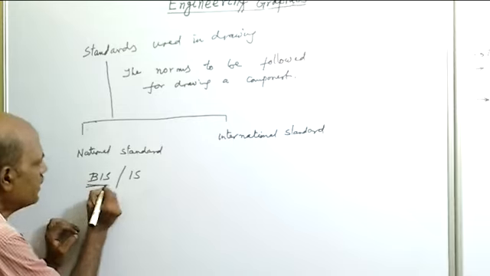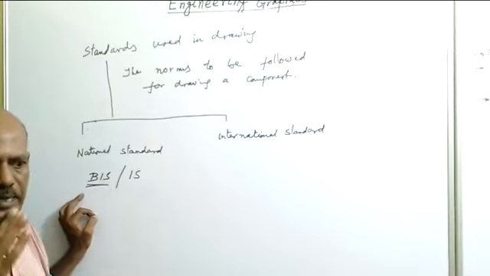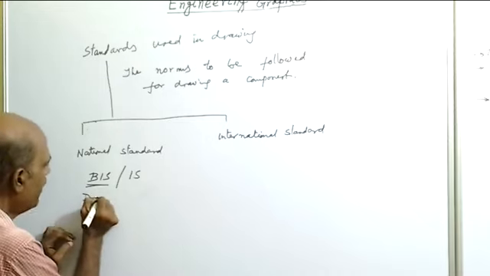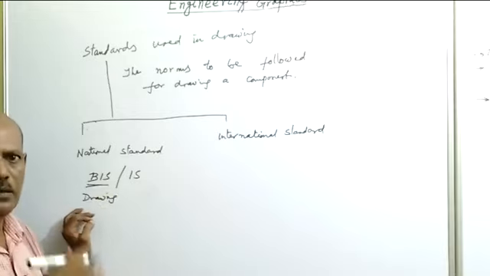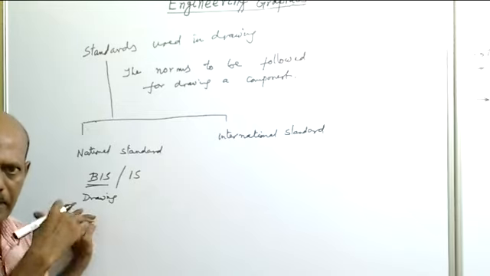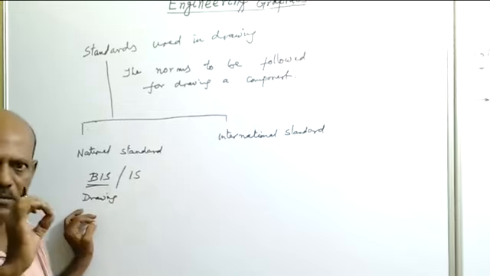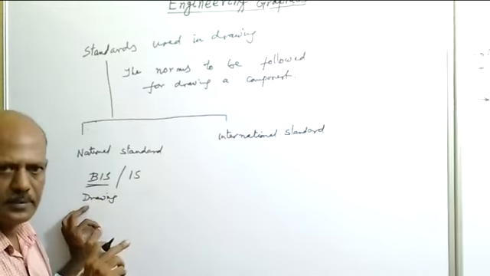This is called the standardization organization for India. It standardizes the drawing of a component, means which kinds of lines, thickness of the lines, or drawing of curves, everything is prescribed by this organization.